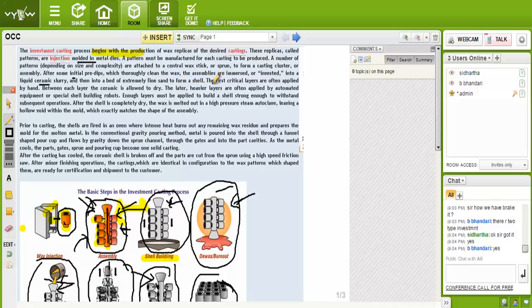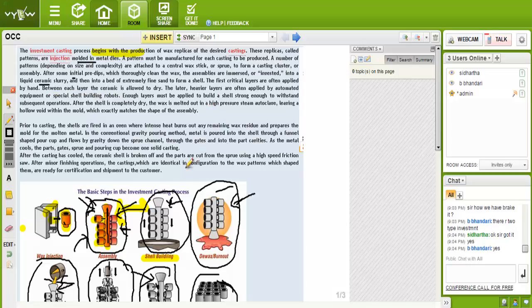Okay, the first critical layer is often applied by hand. Between each layer, the ceramic is allowed to dry. The later, heavier layers are often applied by automated equipment or special shell building robots.